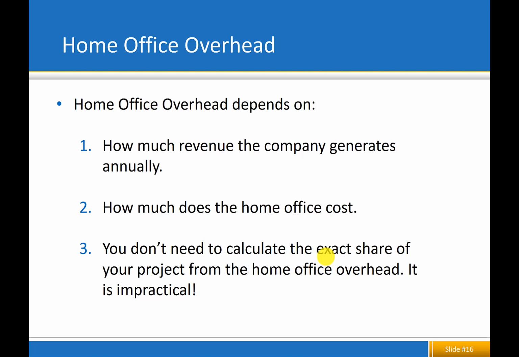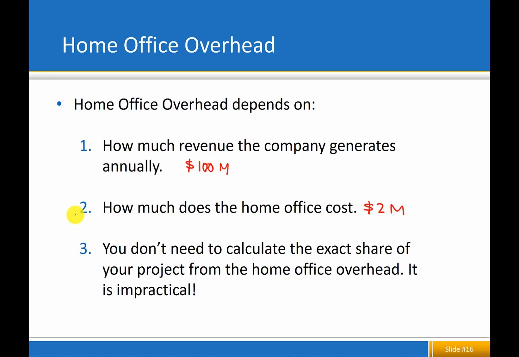So now let's take a look at what I just told you. Let's assume that I'm throwing numbers at this. $100 million is my total revenue that I'm generating, and $2 million is my home office cost. Okay, so what does that mean? It means that for every dollar that I'm making, I need to spend 2 cents out of it to stay in the business, right?